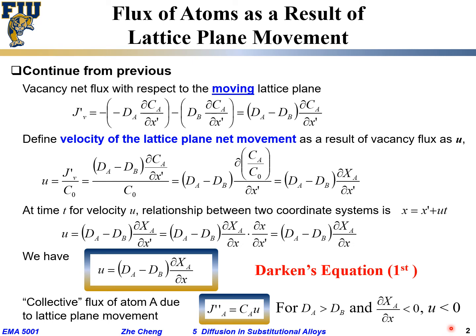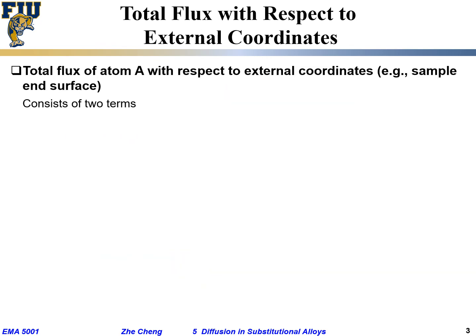Which means, okay, this gradient is negative, which means the left side may be higher in A, the right side is higher in B. Higher in A goes towards B, and if dA is greater than dB, the velocity, actually everything moves backward, negative. Okay? So then let's consider the total flux.